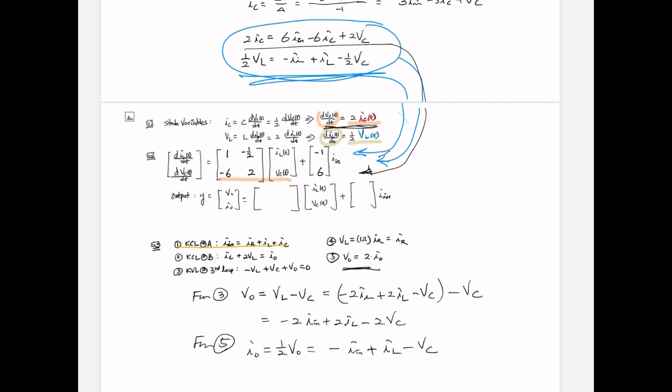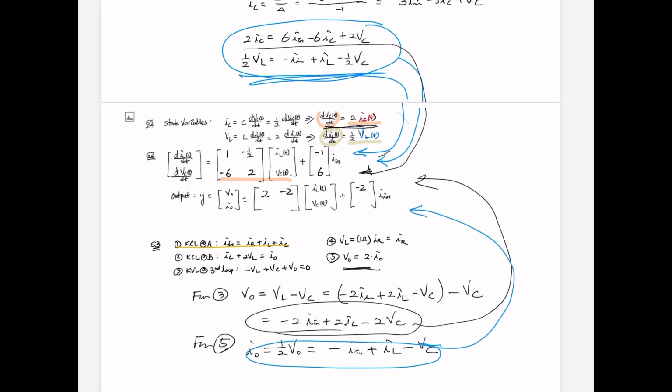So now we can put this in here. V naught in the first one: the coefficient of IL is going to be 2, the coefficient of VC is negative 2, the coefficient of I in is negative 2. And for I naught, the coefficient of IL is going to be 1, the coefficient of VC is negative 1, and the coefficient of I in is negative 1. So this is our answer for the state equation and the output equation.